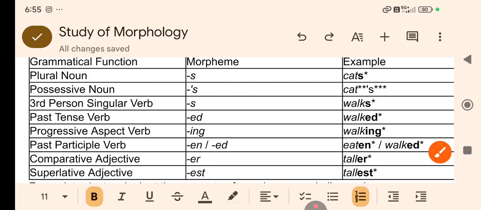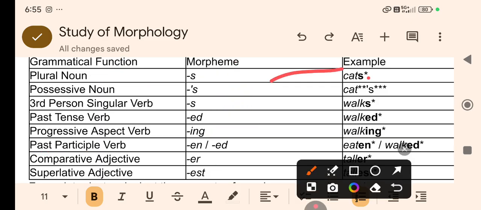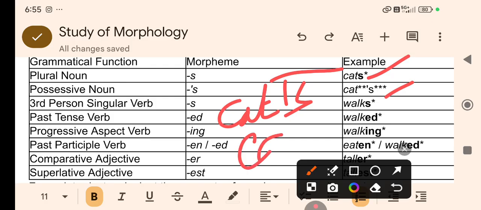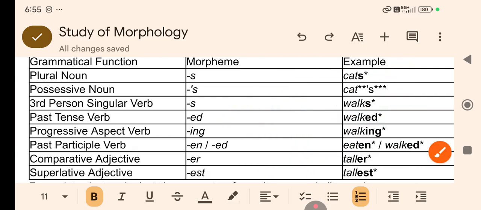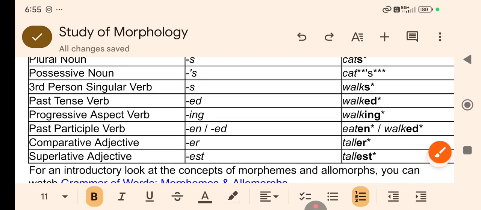Example, cats, that's a plural. Cats' food. So it will be written like this, right? Then walks, that's third person singular present tense.